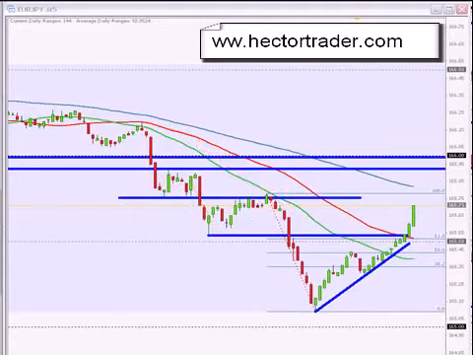We have a previous double bottom here, former support, now working as resistance. Also, this is the 50% Fibonacci level. I've measured it already. And of course, the dynamic area of resistance. We have a trend line break right there.